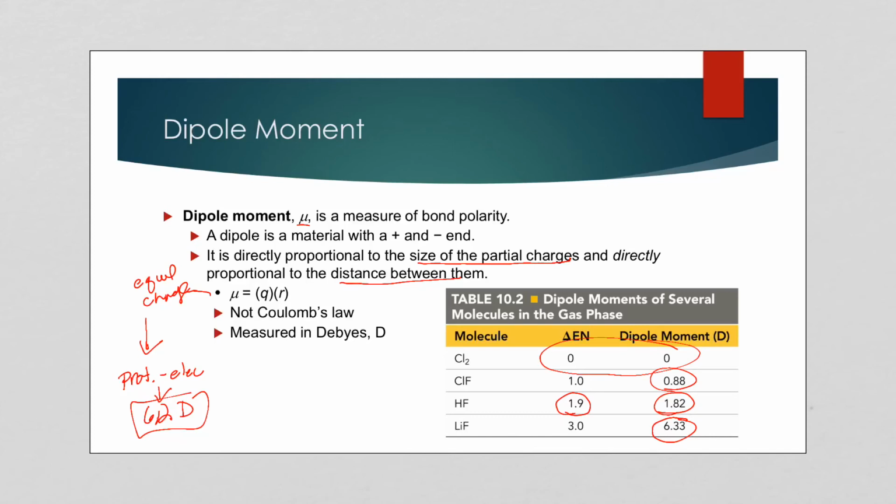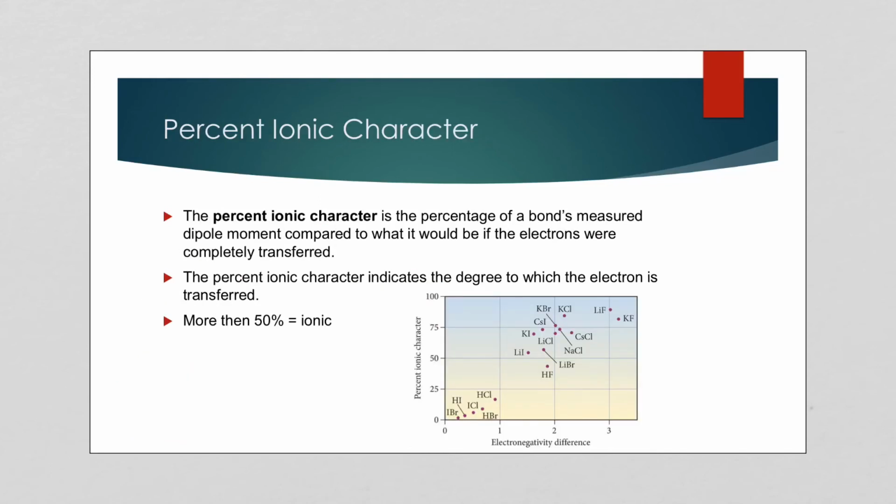In terms of the predictions of dipole moment and electronegativity in predicting polar bonds, where can we see some confusion? Well, we'll remember the 6.2 value here in a second. We look at another measure, something called percent ionic character.